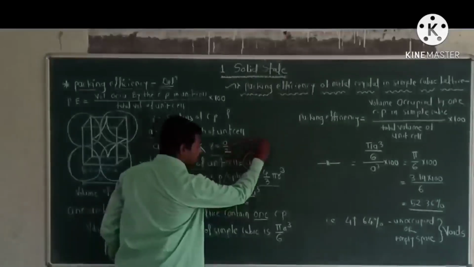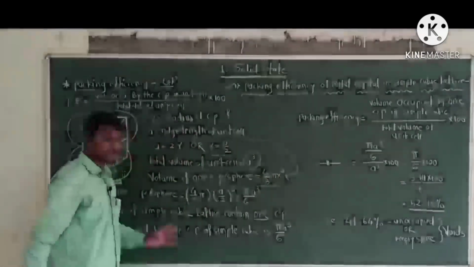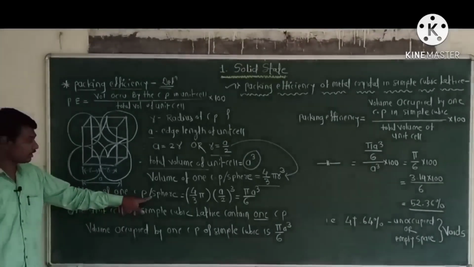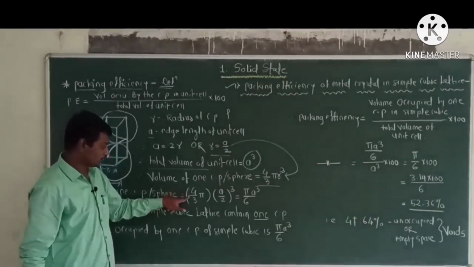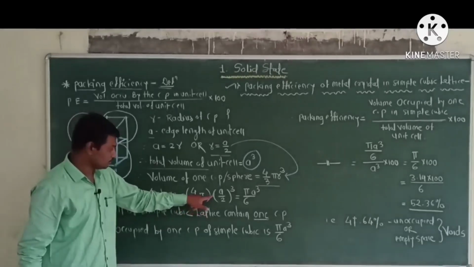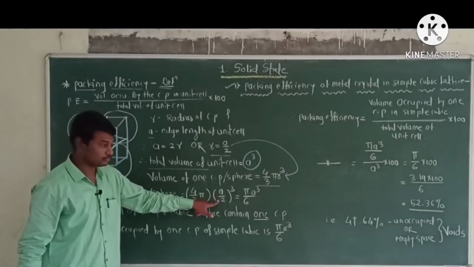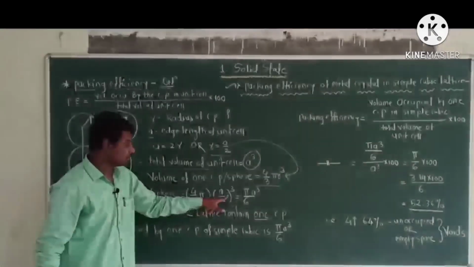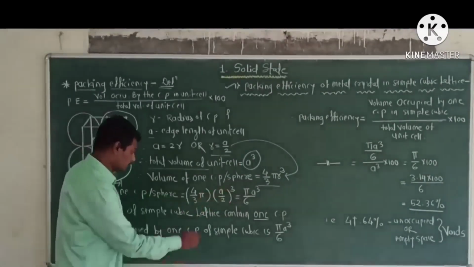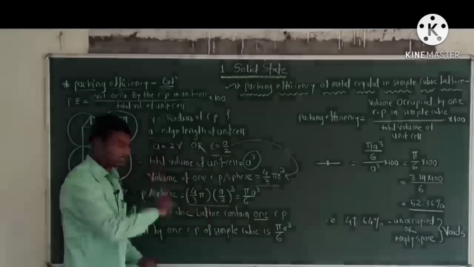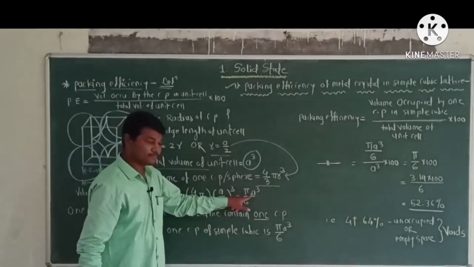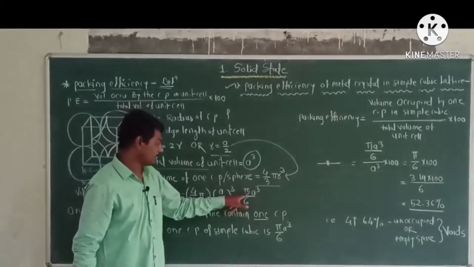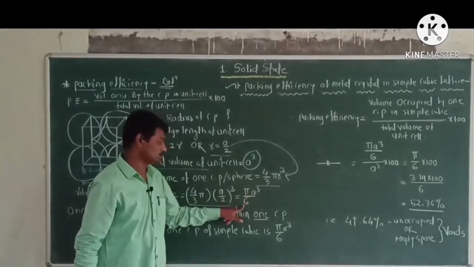We get the volume of one constituent particle or sphere is equal to 4 upon 3 pi into a upon 2, the value of r, a upon 2 raised to 3. Solve this equation, we get pi a cube upon 6.